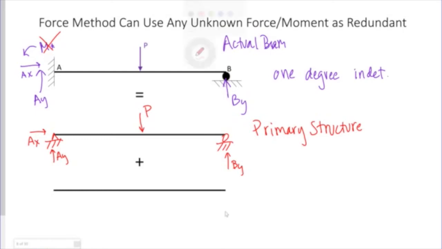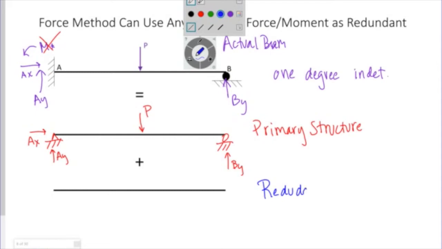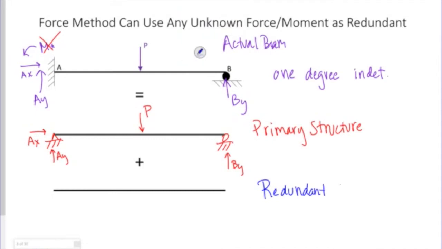For my redundant structure, I have the same redundant. I keep using structure and beam interchangeably. Right, a beam is a type of structure. Sorry if I'm confusing you.